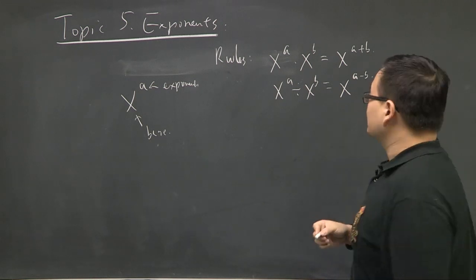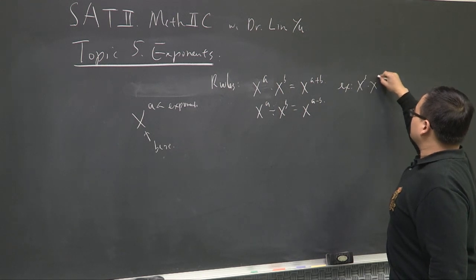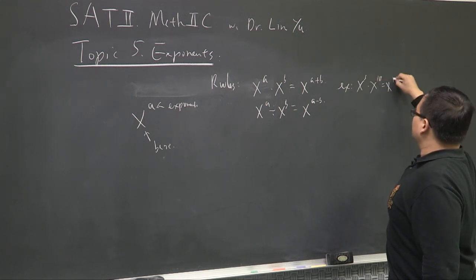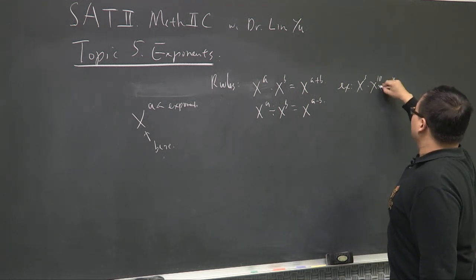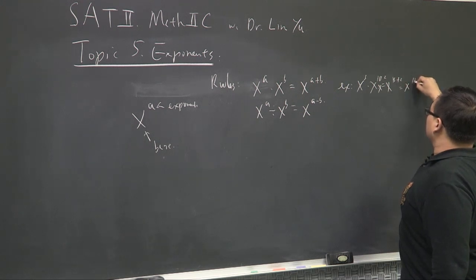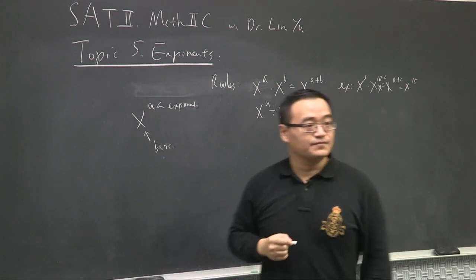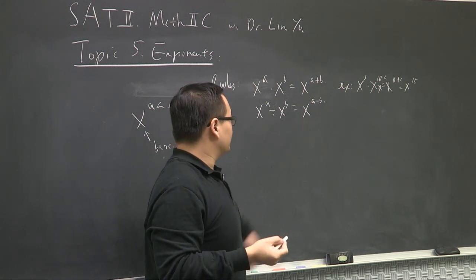So for instance, if you have x to the 3rd times x to the 10th, you get x to the 13th. If I multiply x squared to it, you just add another 2, so you get x to the 15th. Simple. And the same thing with division.